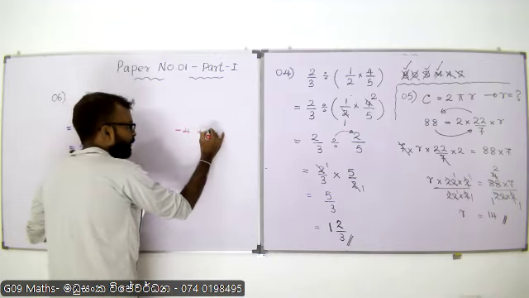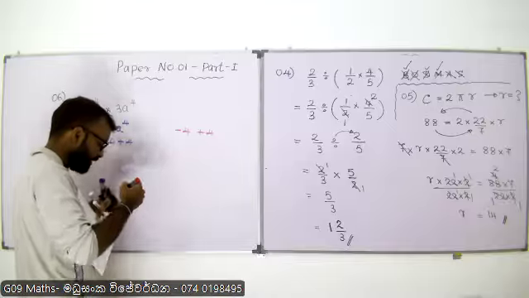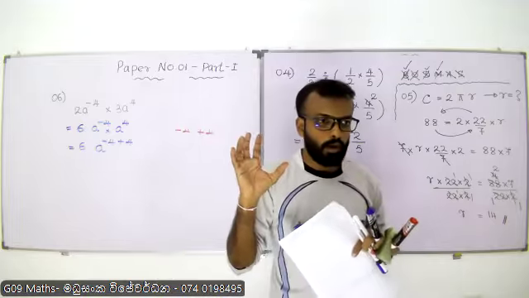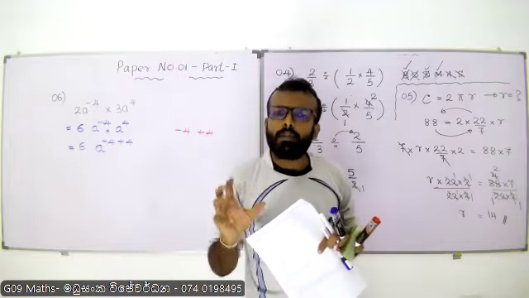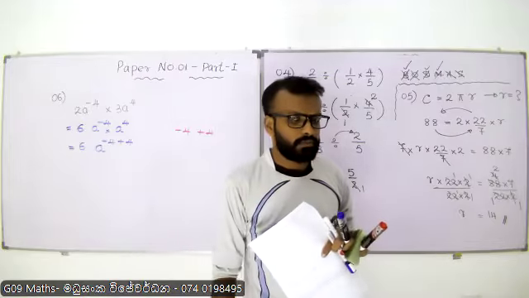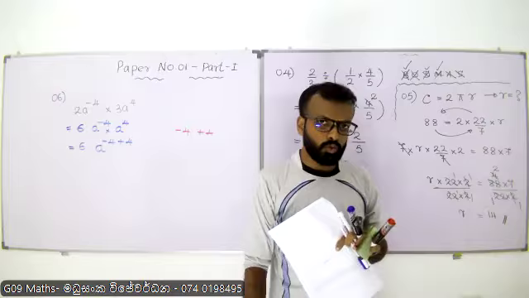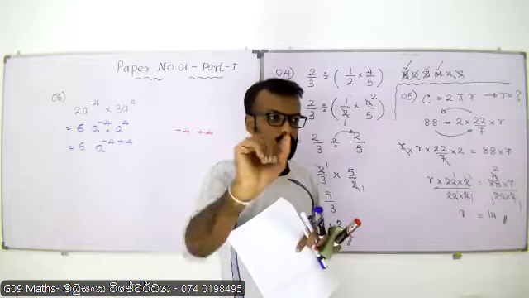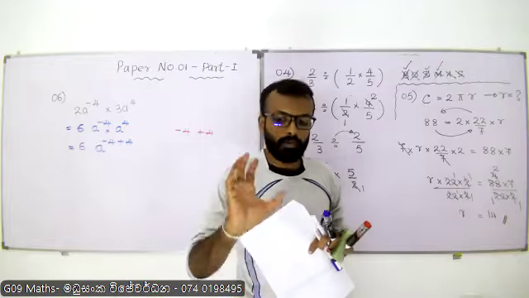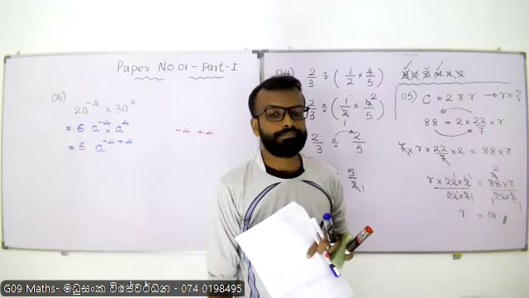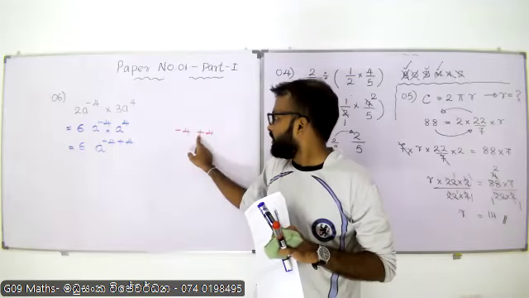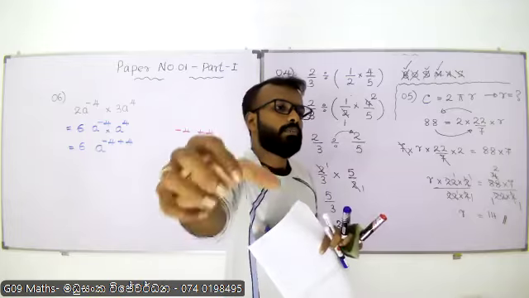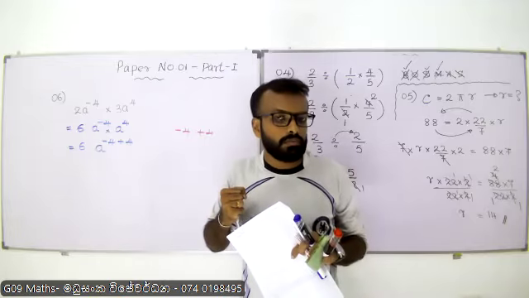Minus 4 plus 4. This is something like I have 4 apples. Now think, I am going to give you those 4 apples. Giving means positive, that is like positive 4. Then I am going to take those 4 apples again from you.